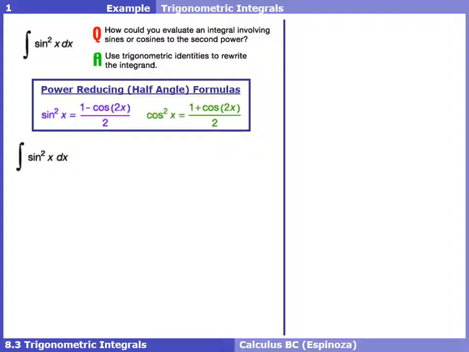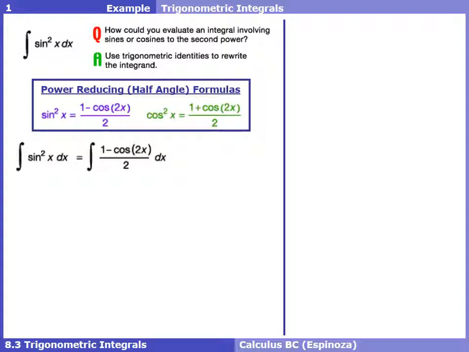What we want to do is rewrite sine squared as this, using that power reducing half angle formula. After that, it's really just going to come down to your trig skills, and then your integral skills to figure out this integral.